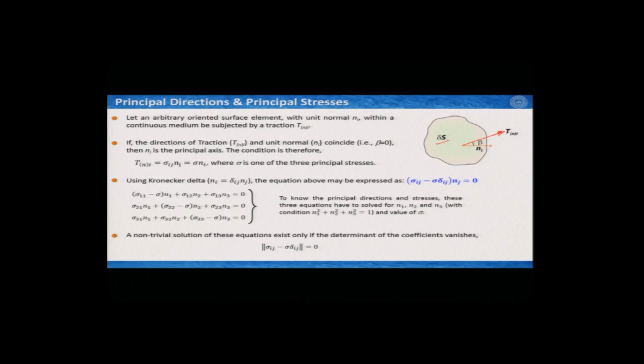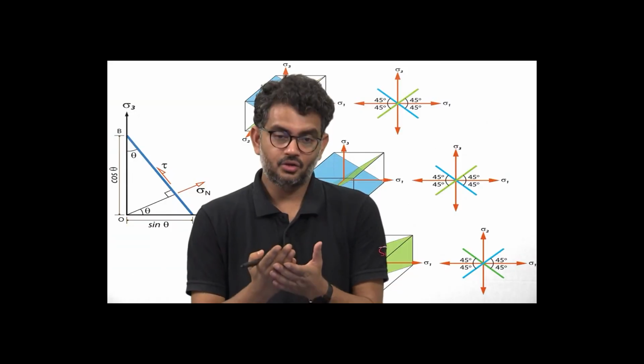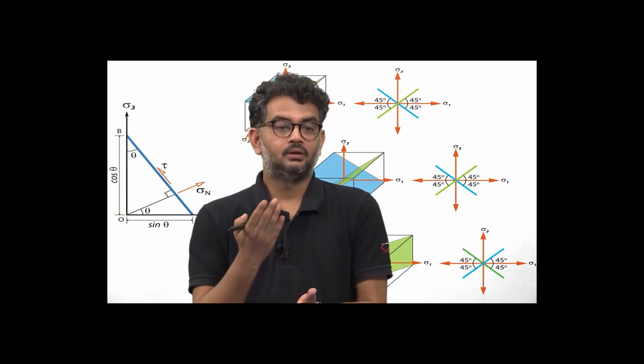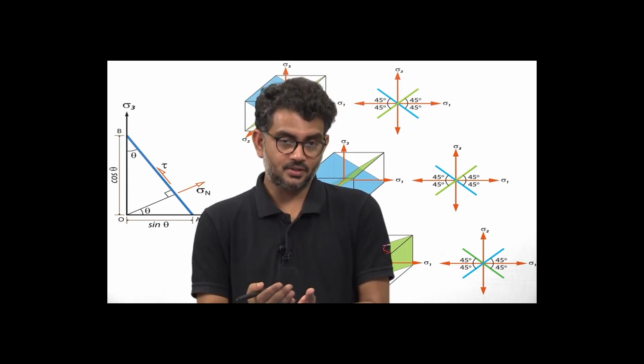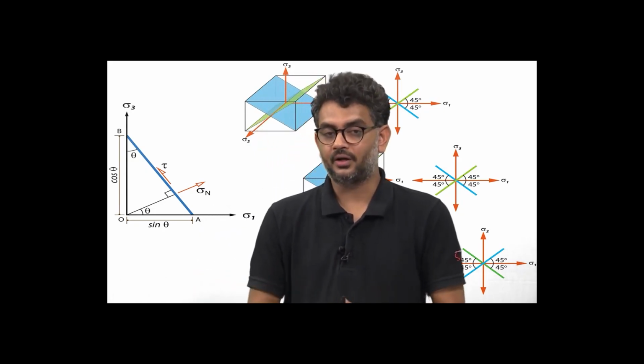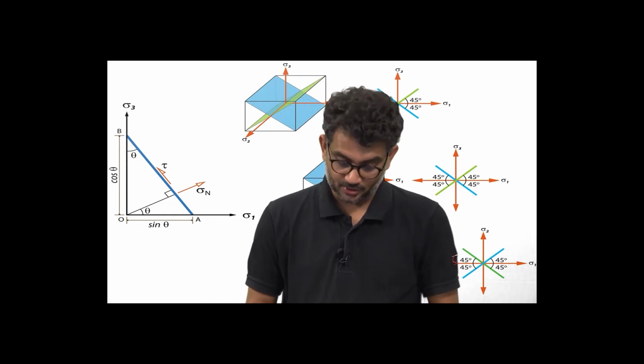Now, clearly, if this beta angle is 0, then along the Ni direction you do not have any shear stress. Therefore, it automatically gives you the direction of the principal stresses, and if you can calculate the magnitude, then these are the magnitudes of the principal stresses.